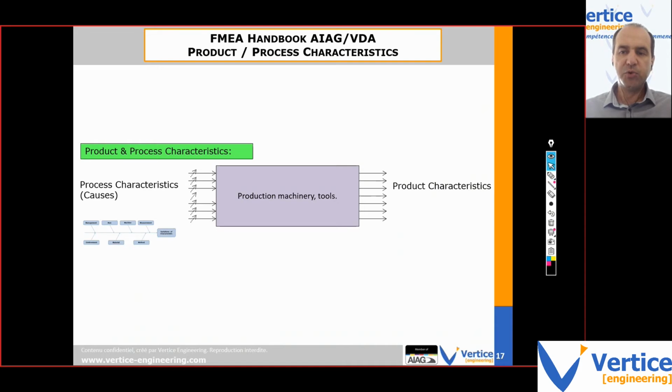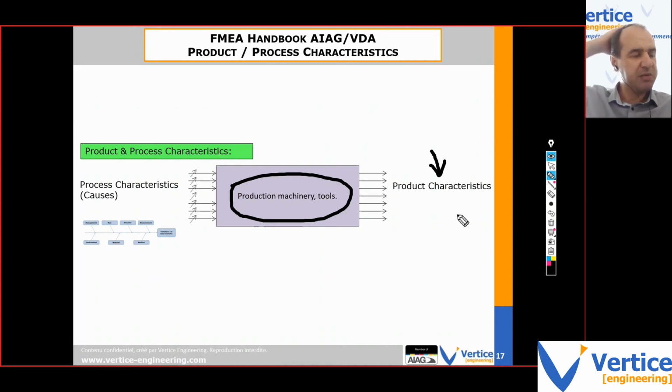So product characteristic: when we have a process step, a product characteristic is an output of that process step. It's what we want at the end. Maybe at a packaging step, we want to have 8 components in 8 slots in a package. Maybe at a machining step, we want to have one GD&T element correctly done. That's a product characteristic.